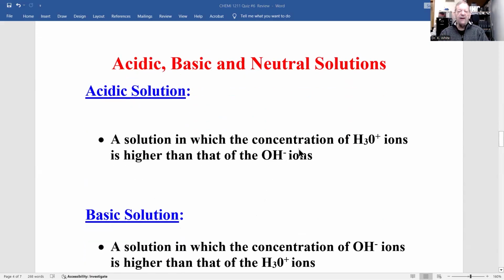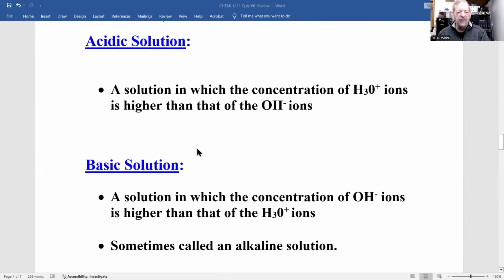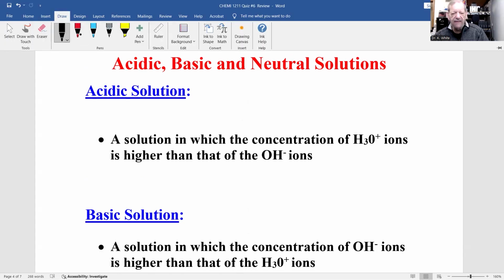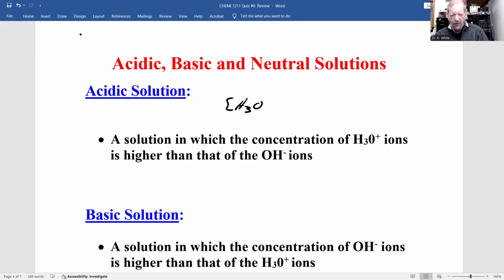Now, when we talk about aqueous solutions, there are three types of solutions in acids and bases. An acidic solution is a solution in which the concentration of the hydronium ion is greater than the concentration of the hydroxide.